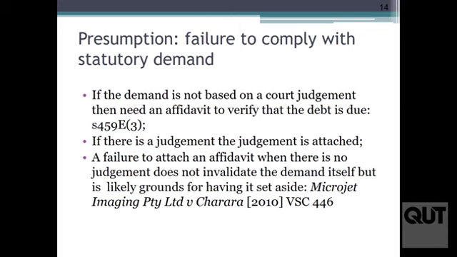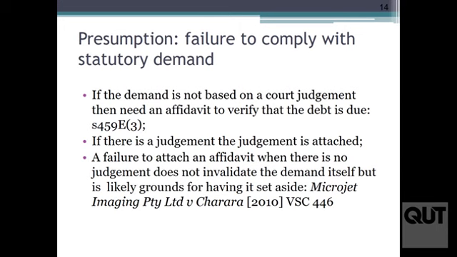Now, you don't need to have a judgment in your favour as the creditor serving the statutory demand on the company regarding the debt. Just a standard debt owing on a contract is sufficient. If the demand is not based on a court judgment, which I've just said is fine, then you need an affidavit to verify that the debt is due, section 459E(3).